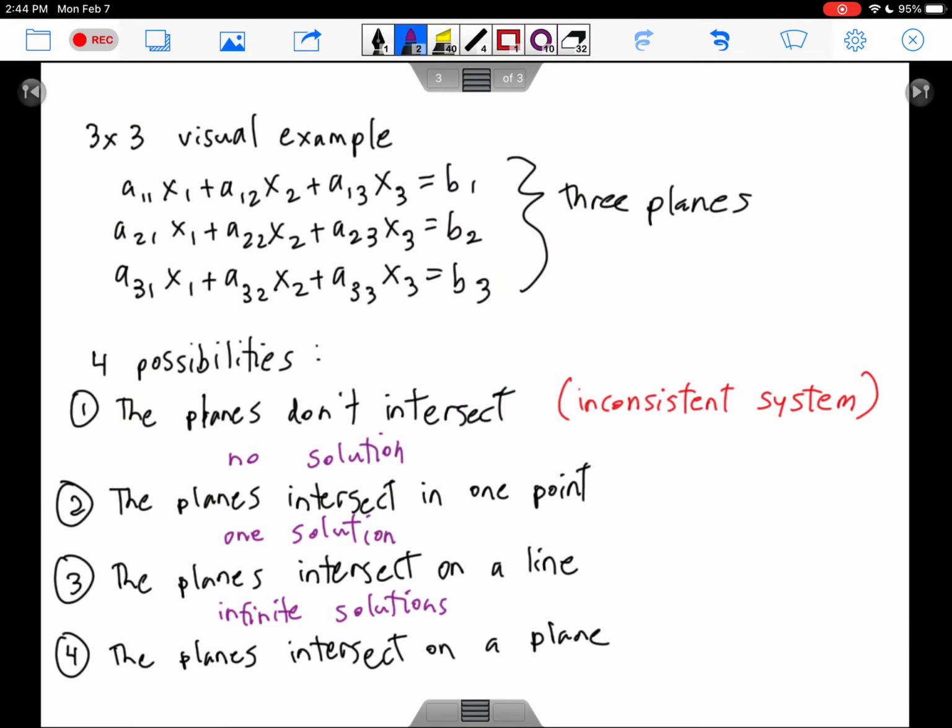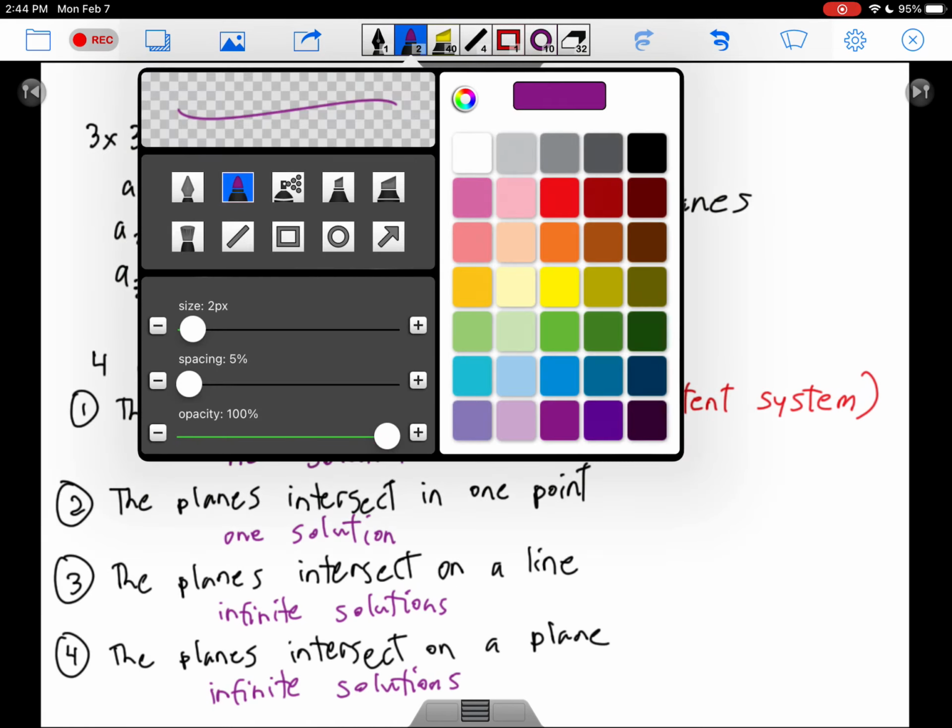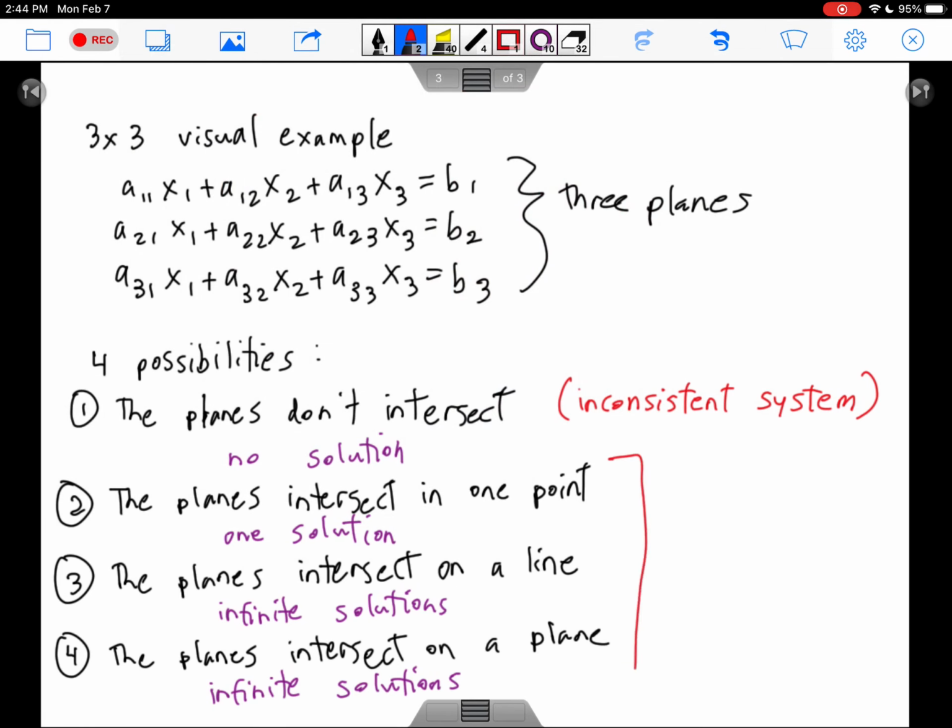This, of course, also has infinite solutions. It's worth noting that even though the last two cases here are infinite solutions, we do view them differently, right? A line is different than a plane, so we will distinguish between those in this class later on.